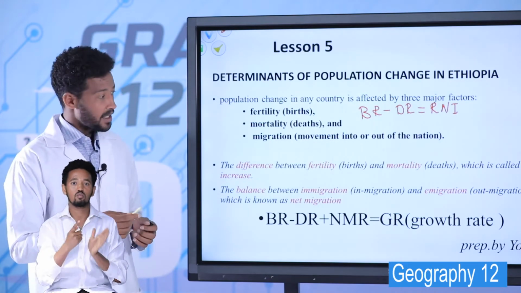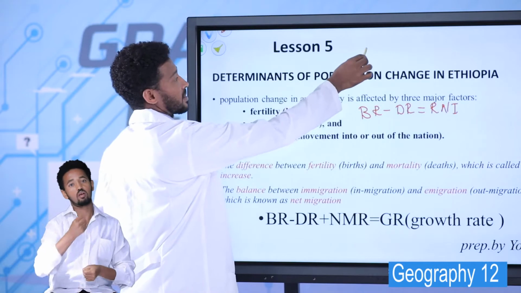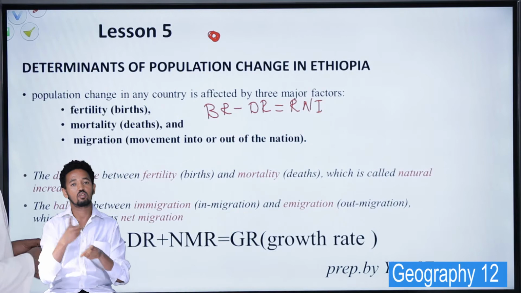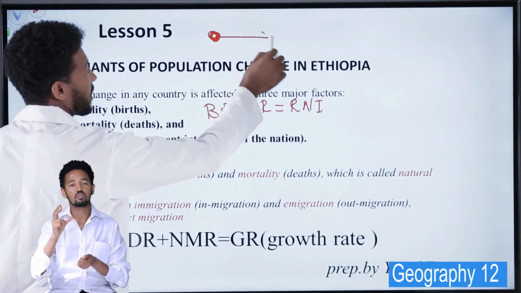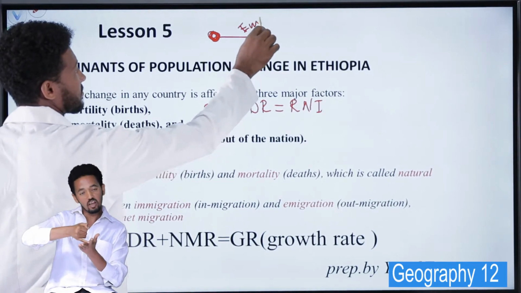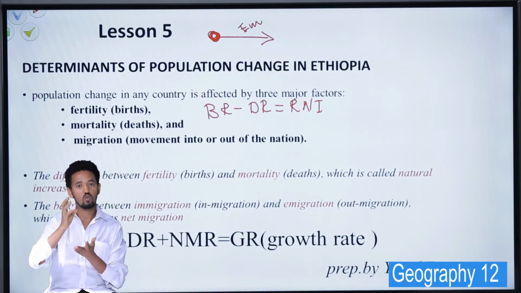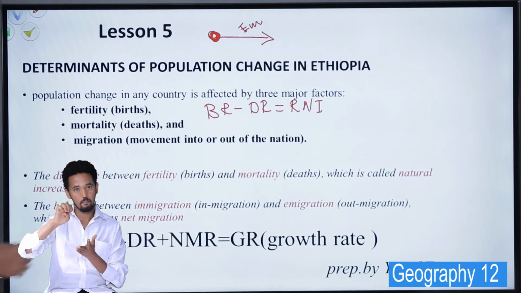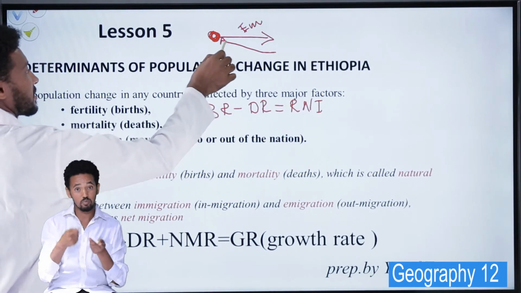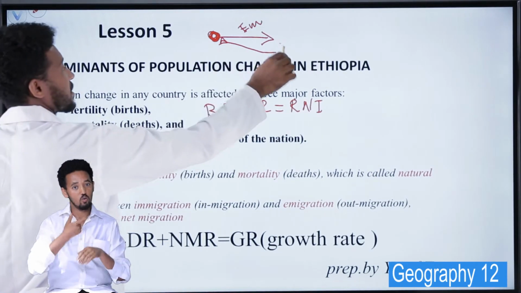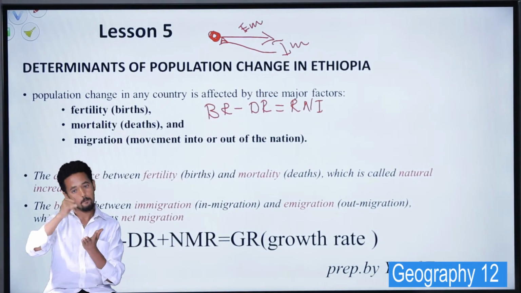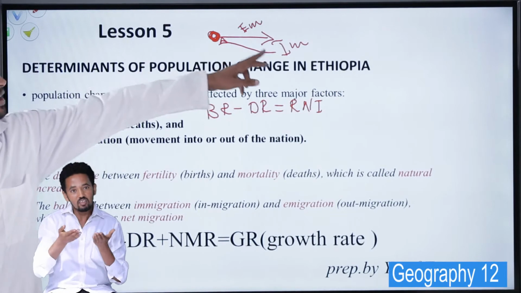For example, if you take this point as an original place and certain people move from this one, we call it emigration, letter E. But if people move from other places to this point, we call it immigration, letter I. And there is a net balance between these two.